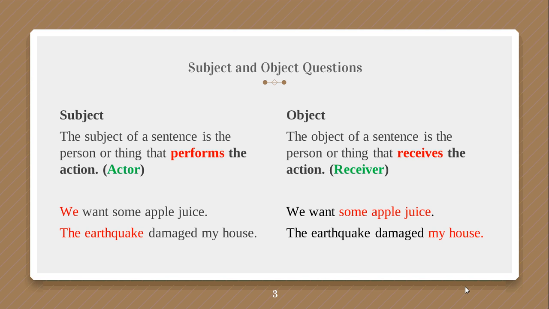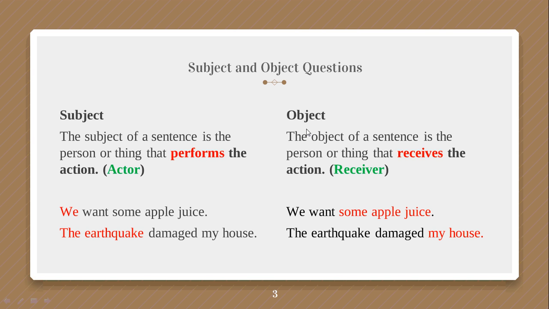For example, in the very simple sentence, "We want some apple juice," the subject is the personal pronoun "we." In "The earthquake damaged my house," the earthquake performs the action. As we can see, the subjects are before the verbs.